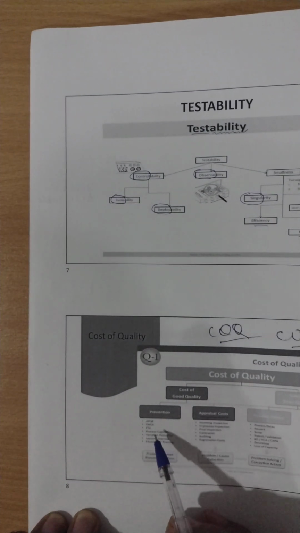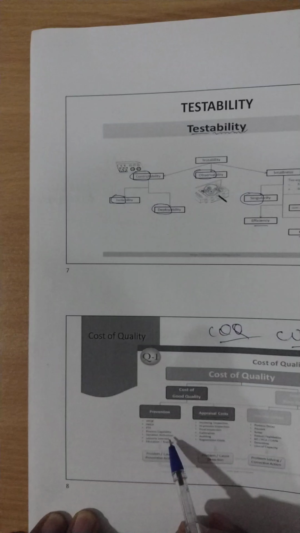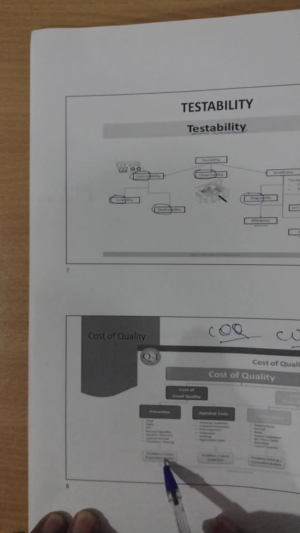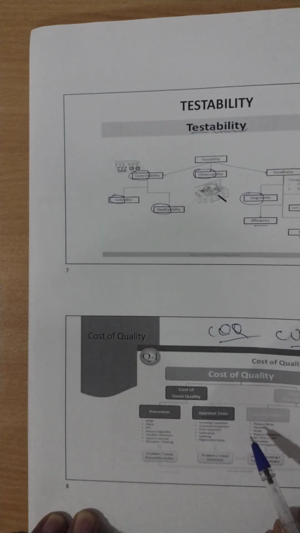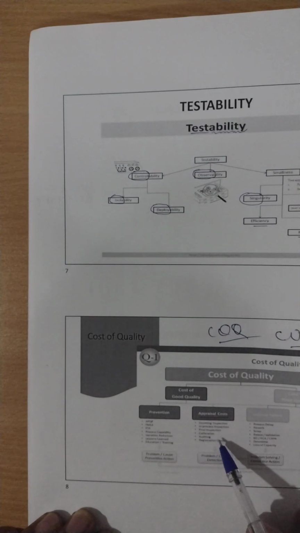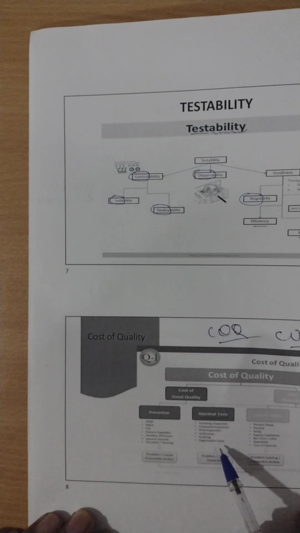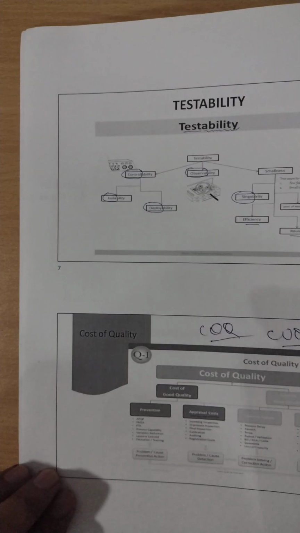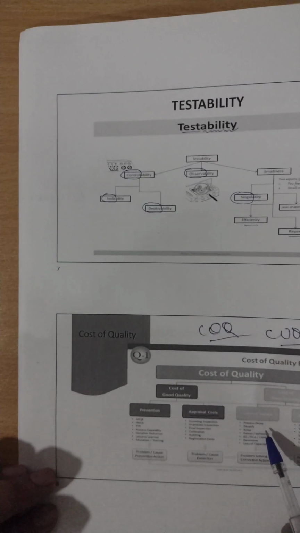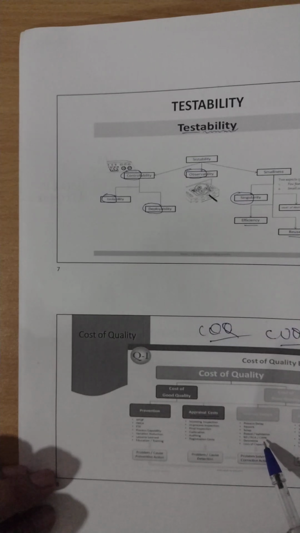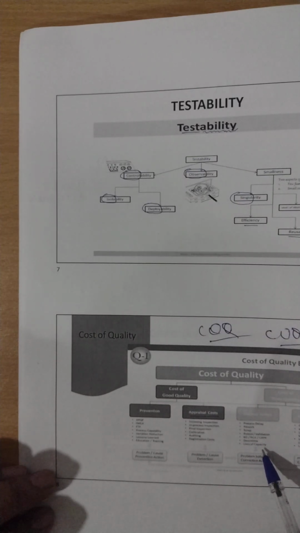It says that your FMEA, FTA, process capability, all these things will come under prevention. Appraisal cost is your incoming inspection, your calibration, your auditing, everything will come under appraisal cost. Internal failure is process delay, rework, scrap, retesting, validation, loss of capacity, and all these things.